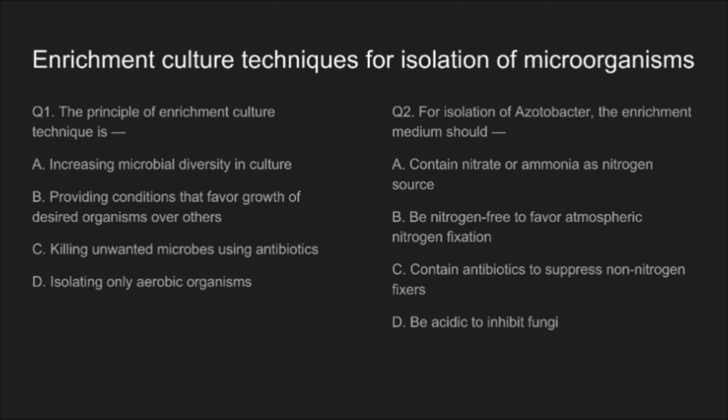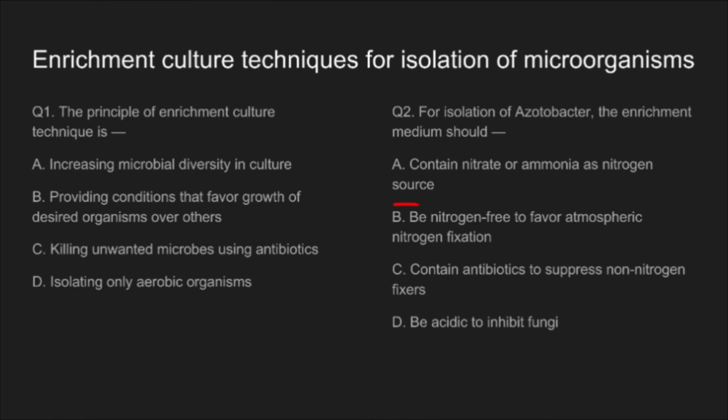And D. Be acidic to inhibit fungi. So the correct answer for this question is option B. That is, be nitrogen free to favor atmospheric nitrogen fixation. So here azotobacter grows in nitrogen free media so that it could fix the atmospheric nitrogen, whereas other bacteria fail to grow.